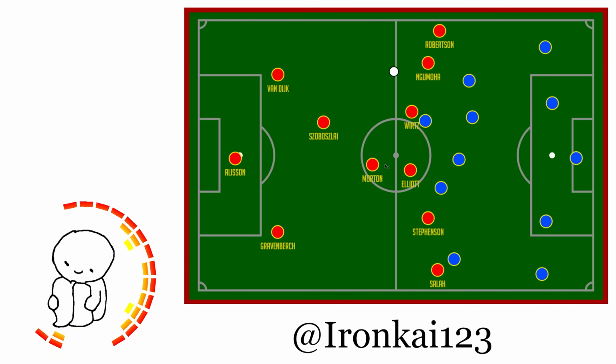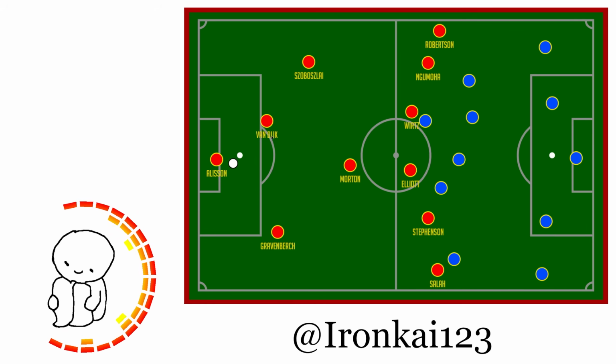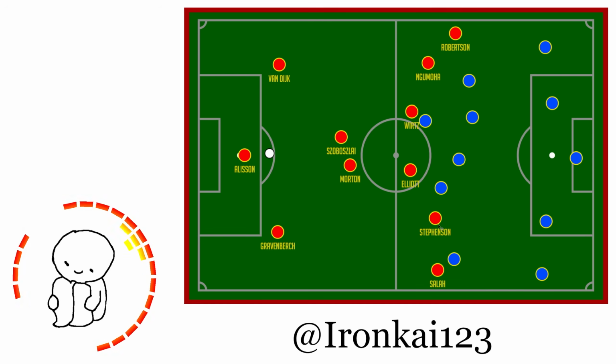You need one of these players to connect. But I could see worlds against weaker teams that Alisson does split the center backs, or Mamardashvili instead of Alisson splits the center backs, or Freddie Woodman, or whatever we want to do, splits the two center backs and does this. We haven't seen a lot of it this season yet. We've seen a lot more of Ali here with a player here, or, you know, a player out here. But it's interesting. Definitely a more aggressive way that we could build up. And it's something that might suit the idea of our fullbacks being essentially wingers.